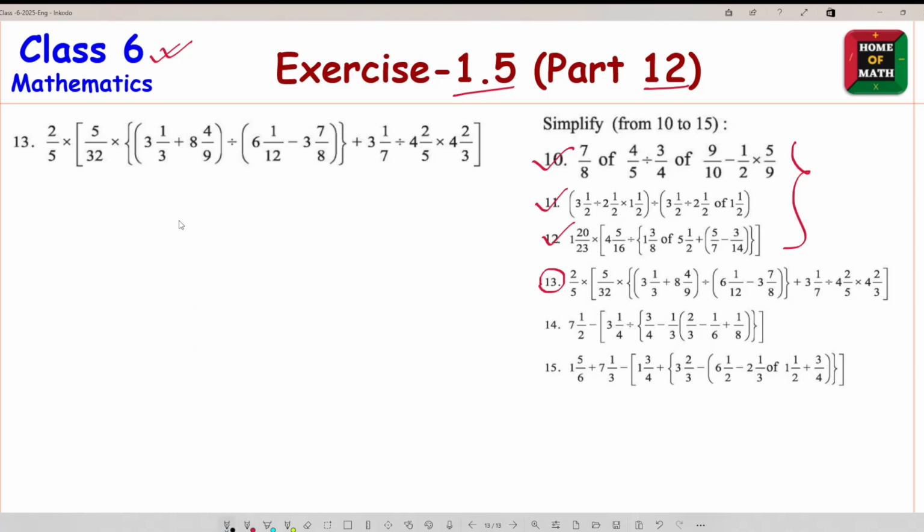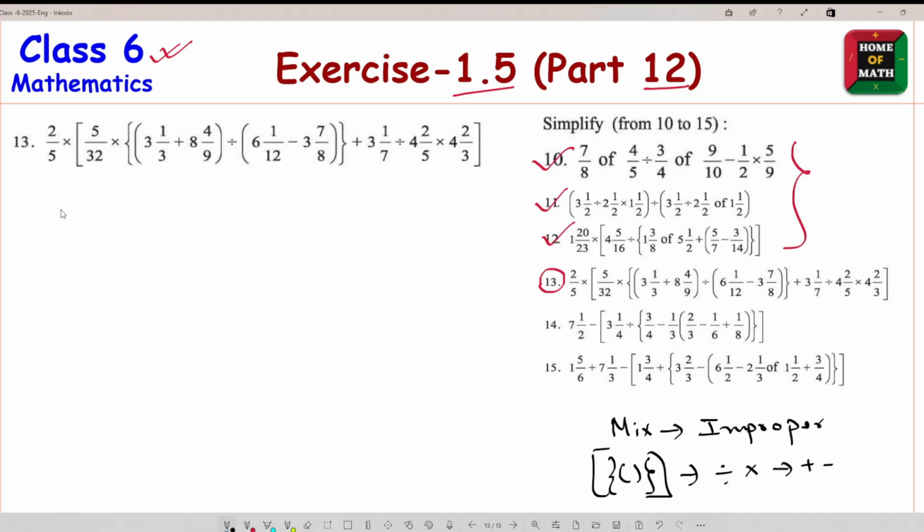So for these kinds of fractional simplification, we have to convert mixed fractions to improper fractions, and also we should follow brackets, then division and multiplication, whichever comes first, then plus and minus.